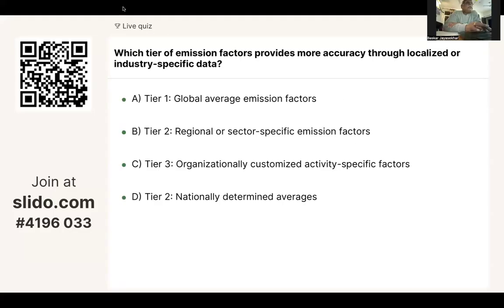Which tier of emission factors provides more accuracy through localized or industry specific data?